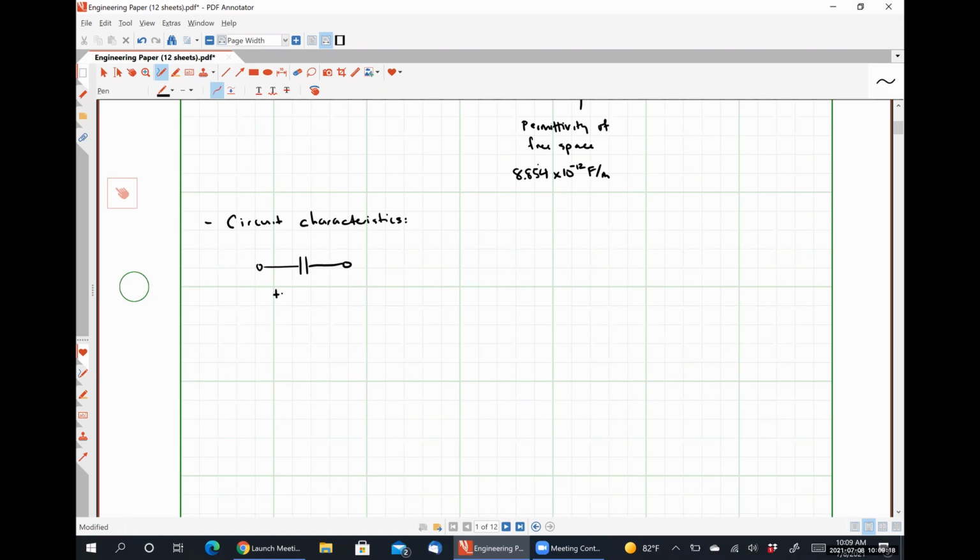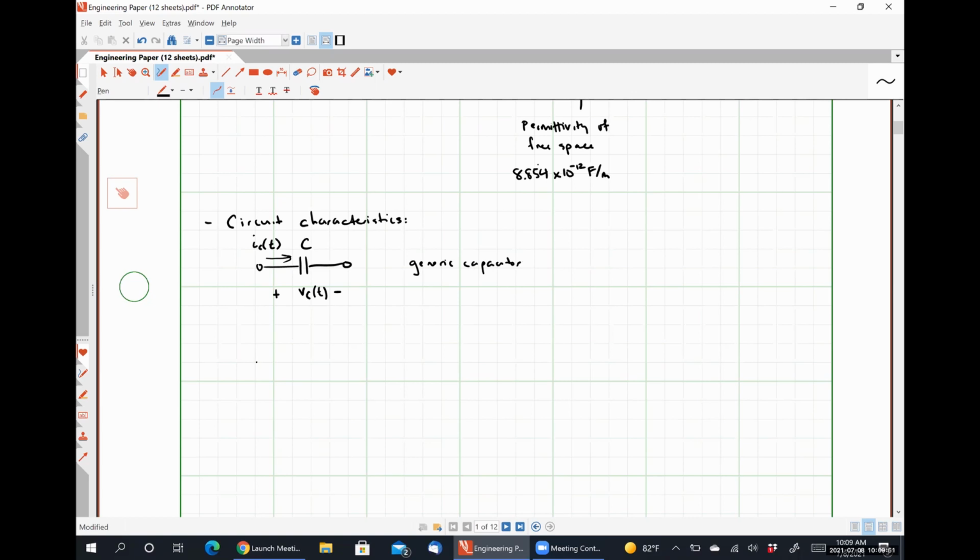We could say that we have a voltage drop across the capacitor, VC, typically as a function of time, and we have a current flowing through the capacitor, IC, also as a function of time, and typically we denote the value of the capacitor in farads. So this is what I'm going to call a generic capacitor. And this is what we're going to be dealing with in this class the overwhelming majority of the time.